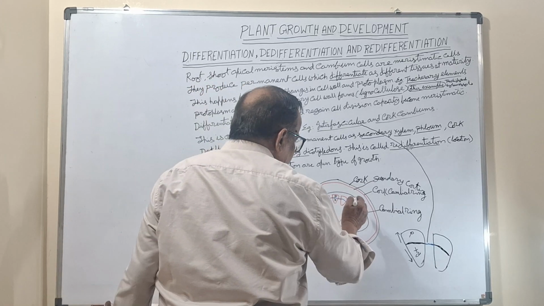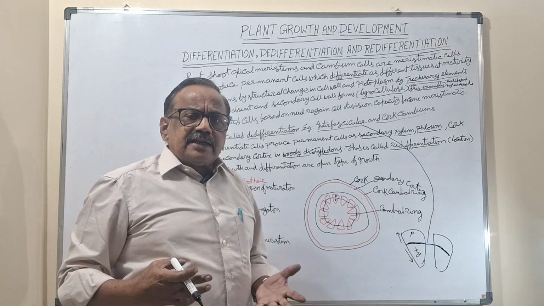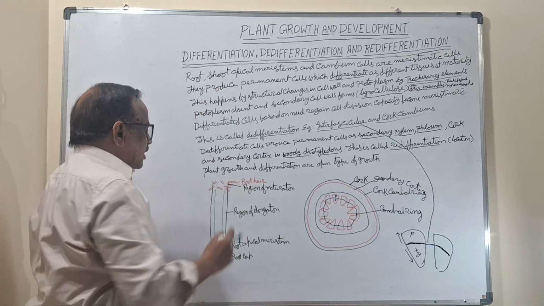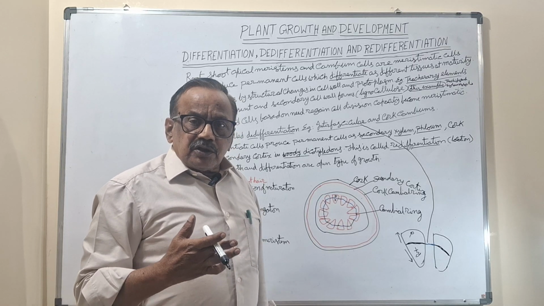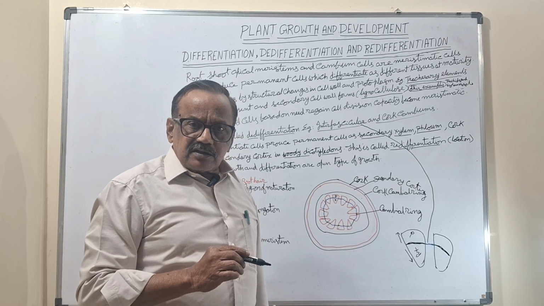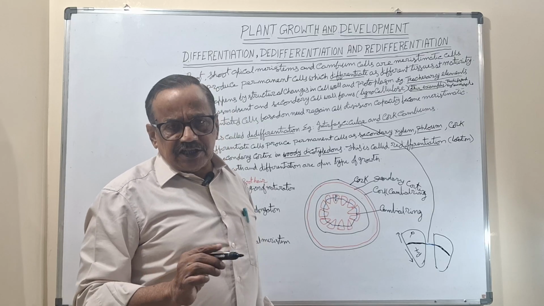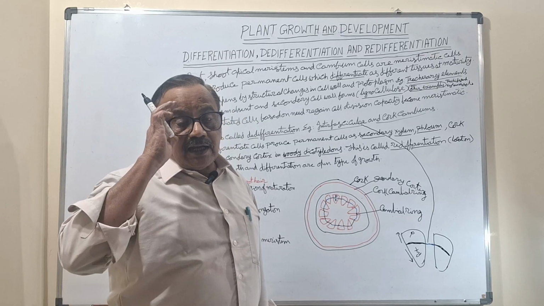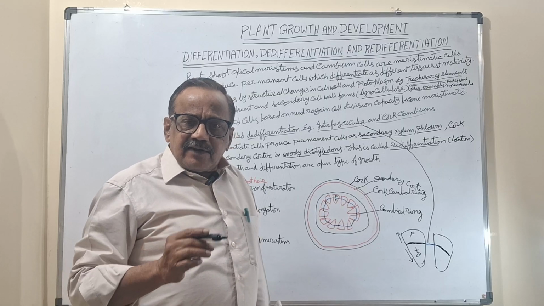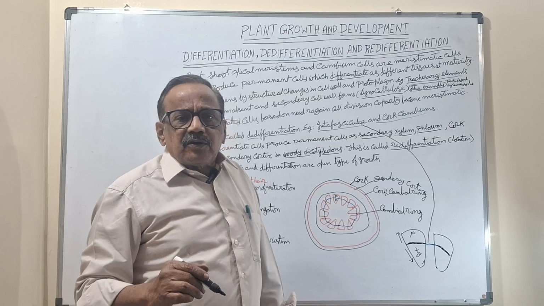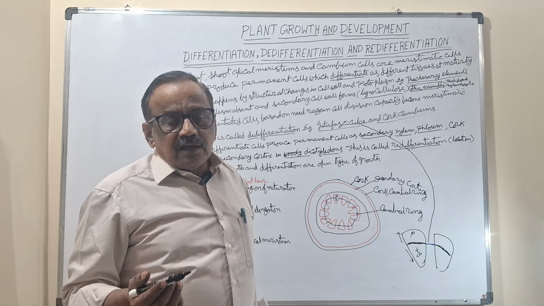Whenever it forms new cells, again they form the region of maturation. Again after the cell dividing capacity, the cambium produces permanent cells which can be converted into tissues.